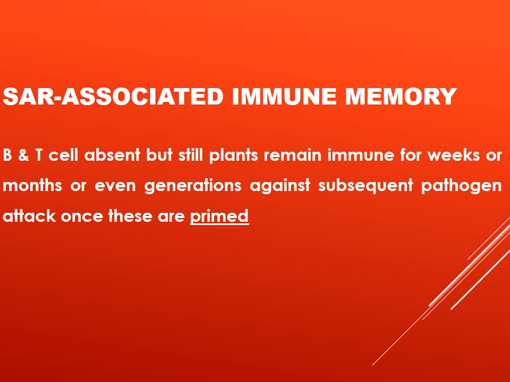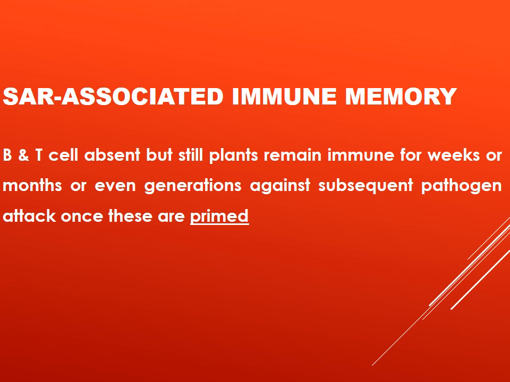So, scientists discovered that the systemic acquired resistance associated immune memory remains in the plants not just for weeks, but even for months, or even for generations. And it is also a fact that plant cells don't have any kind of memory cells, such as B or T cells. So how is it possible that the plant remembers that it was once infected by a pathogen?